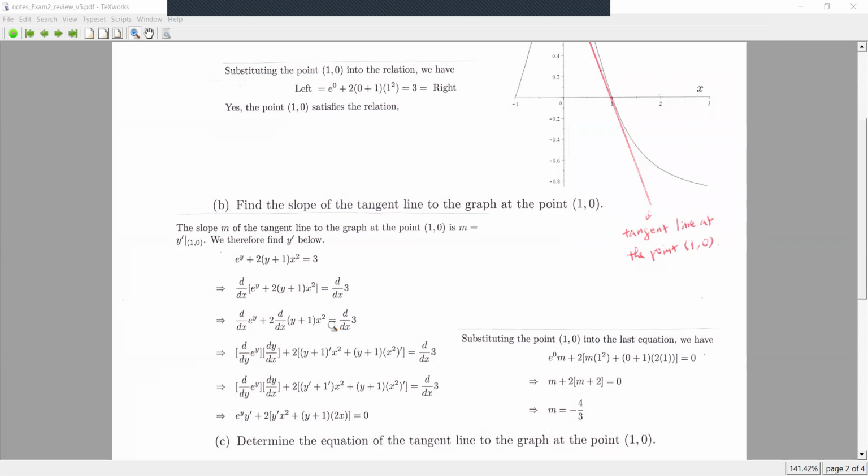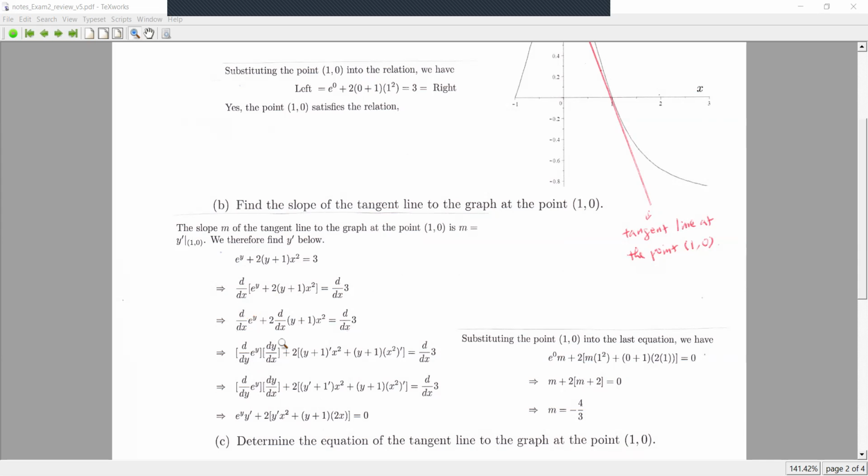This equation contains 3 derivatives. To compute the first derivative, of e to y with respect to x, we use the chain rule. By the chain rule, we can write this derivative as the product of these two derivatives.